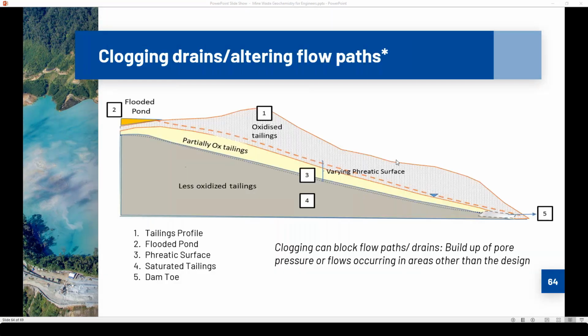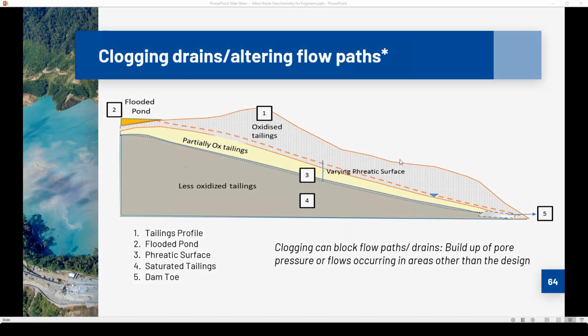So by combining all of this into an understanding of what happens in a facility, in this case a tailings dam, we can understand where these precipitates are likely to form, and by working with the engineers, put in designs that can limit the occurrence of these precipitates or allow them to occur in areas where we can better engineer this.